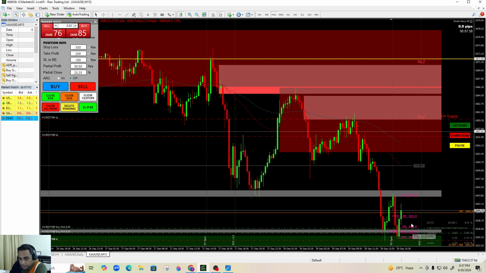So you need to see if price is going to close above that resistance to continue higher, or it's going to come and get us entry. We don't know what's going to happen, but there is resistance there, right?